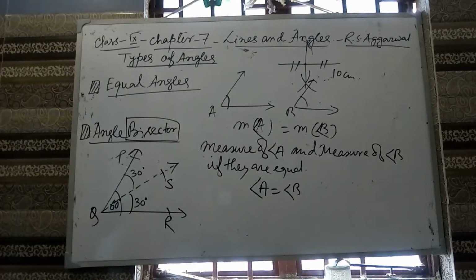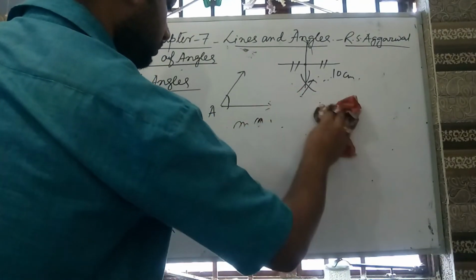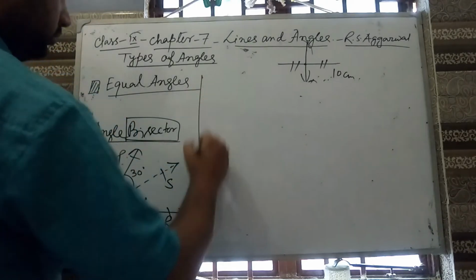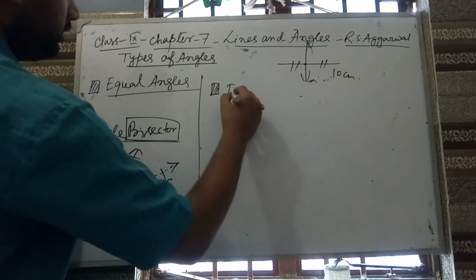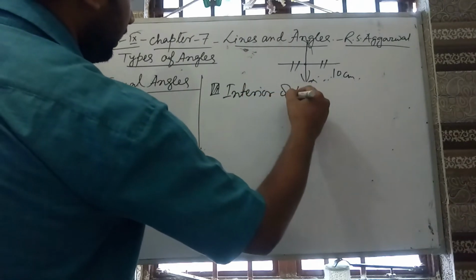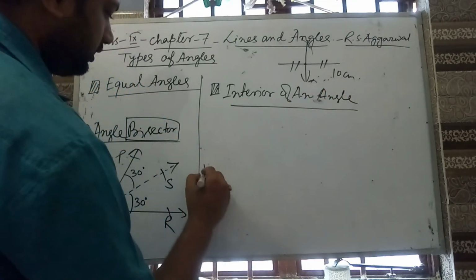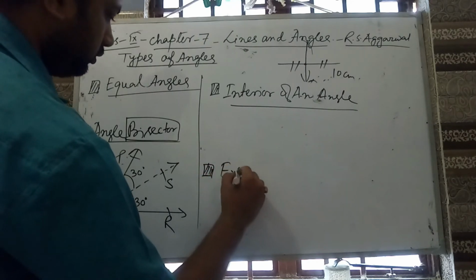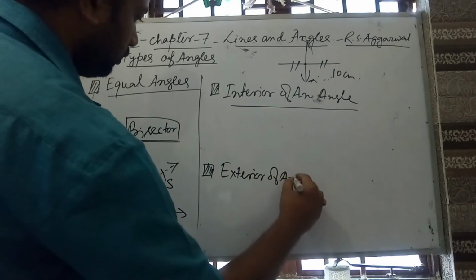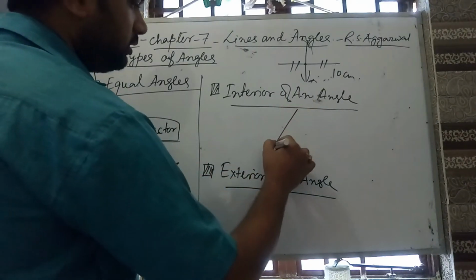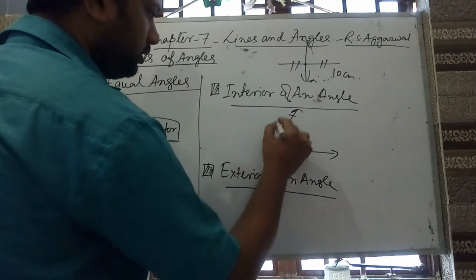Now interior of an angle and exterior of an angle. We consider an angle ABC.